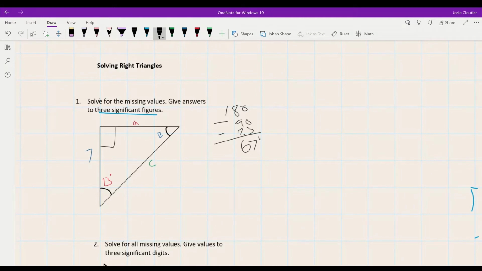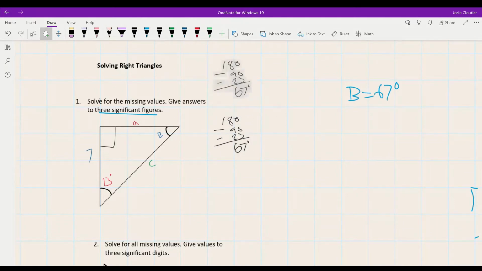Right? So we can say that B is equal to 67 degrees. Right? So now that we have all 3 angles, we can solve for the side lengths.